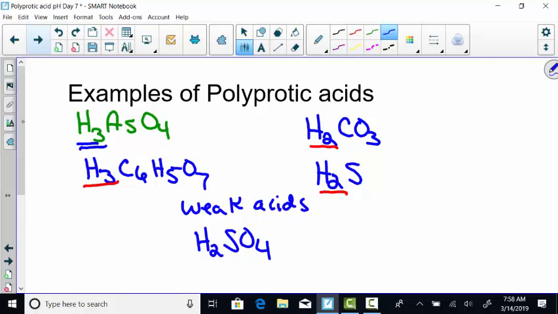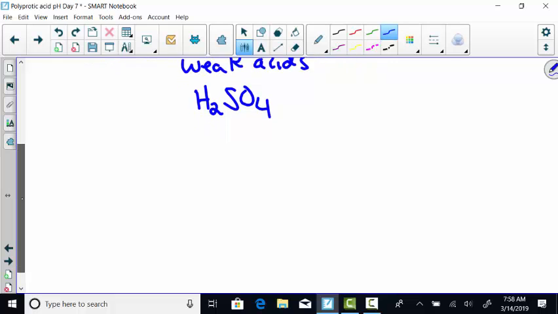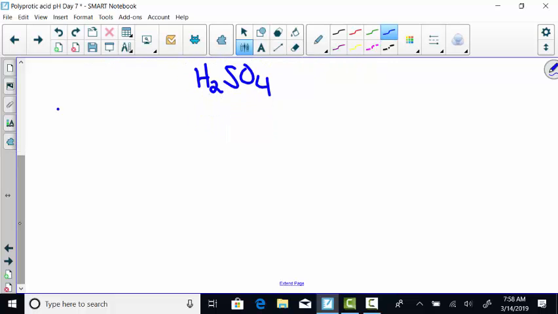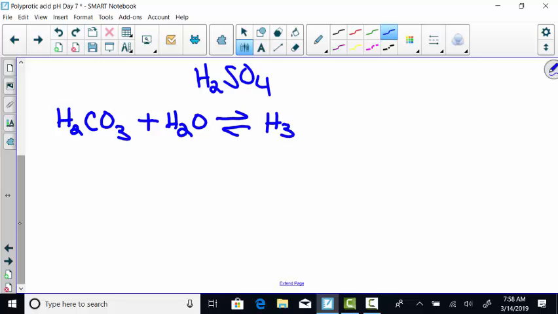But all of these acids, no matter what, will do the same thing when you start writing the equations. So if I take carbonic acid, which is H2CO3, it is going to react with water, and that's a weak acid. So I'll get H3O plus, you lose just 1 hydrogen. So you still have HCO3, but then you have to get the charge correct. That's a -1 charge. And literally these are conjugate acid-base pairs.